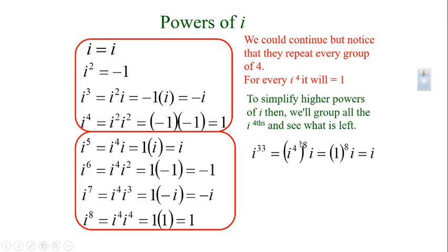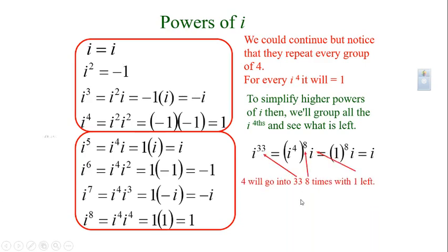So i to the 4 to the 8, which is i to the 32, multiplied by i. But i to the 4 is 1. So this is really 1 to the 8, and 1 to any power is 1. So all that is important to figure out the answer is the remainder after I separate the powers, the multiples of 4. i to the 33 is i to the 32 times i to the 1, which is 1 times i to the 1, and i to the 1 is i.